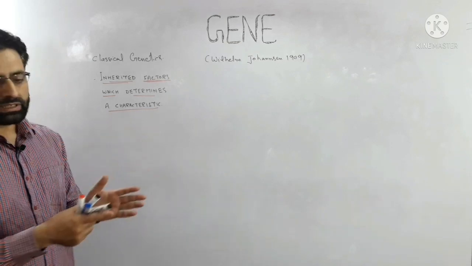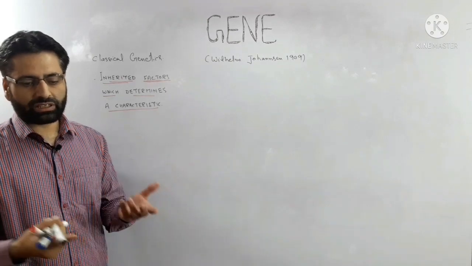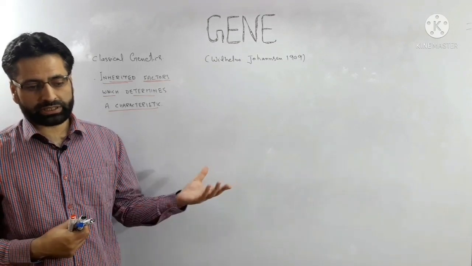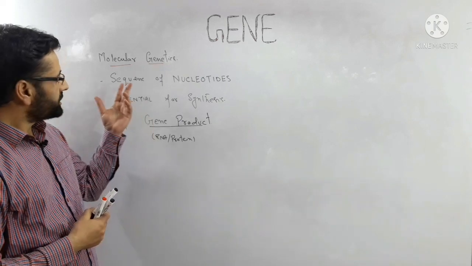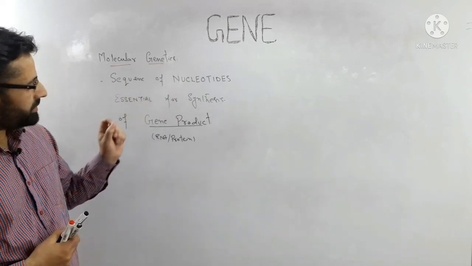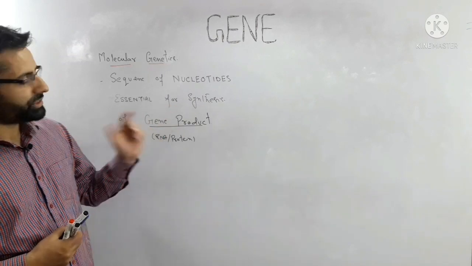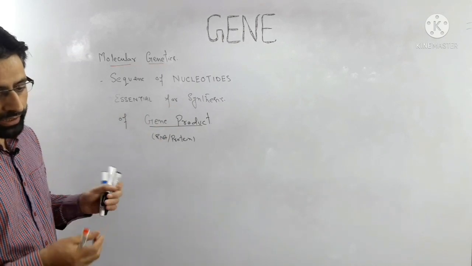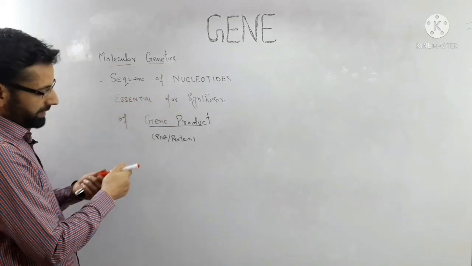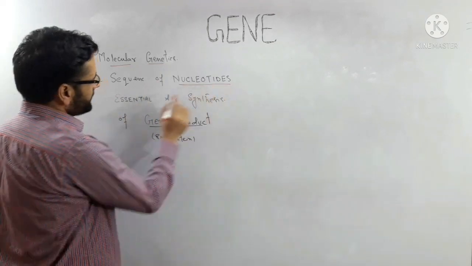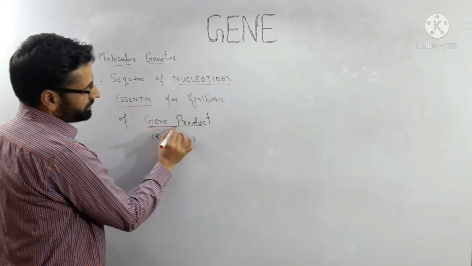Now the requirements are different, so we define the gene in a different way. In molecular genetics, we define the gene as a sequence of nucleotides essential for the synthesis of a gene product.